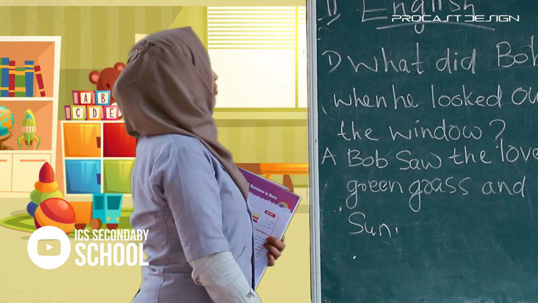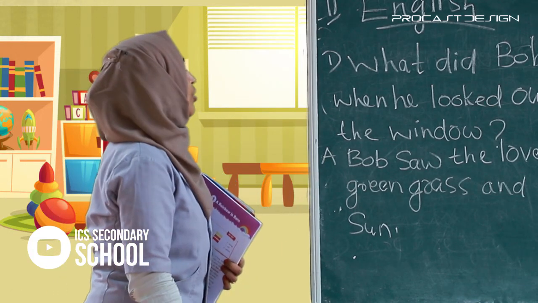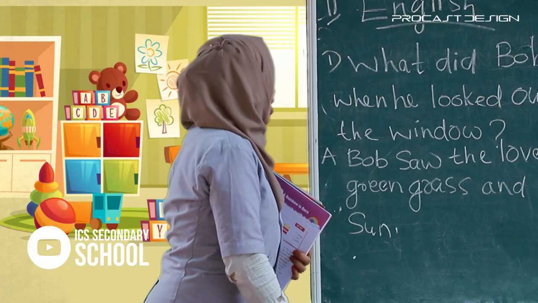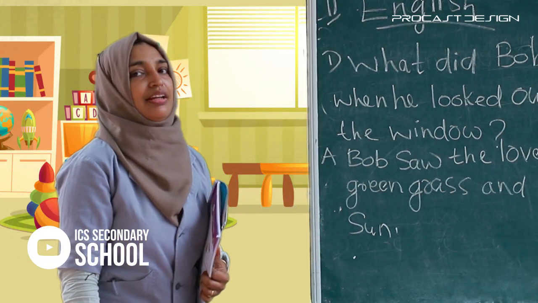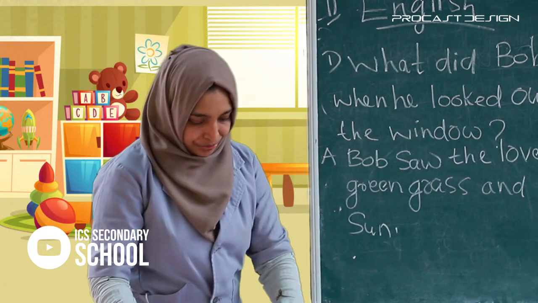Okay. What did Bob see when he looked out of the window? Bob saw the lovely green grass and the shining sun. Got it?